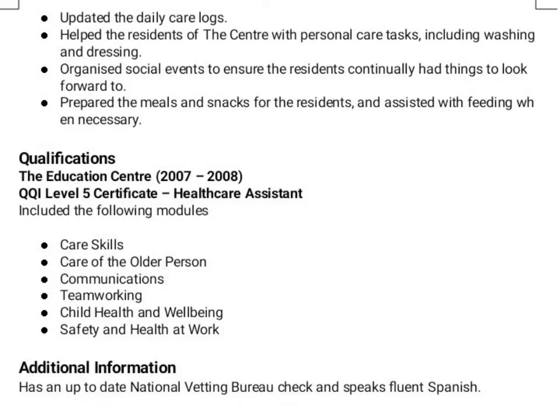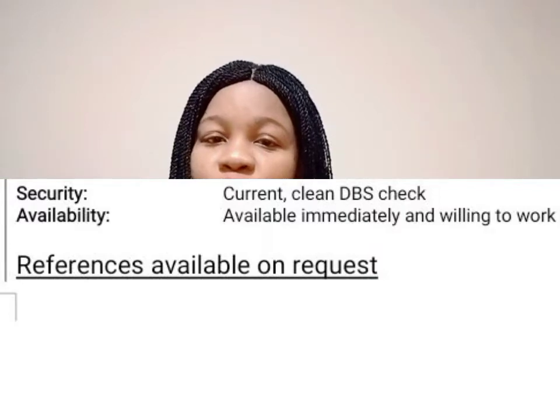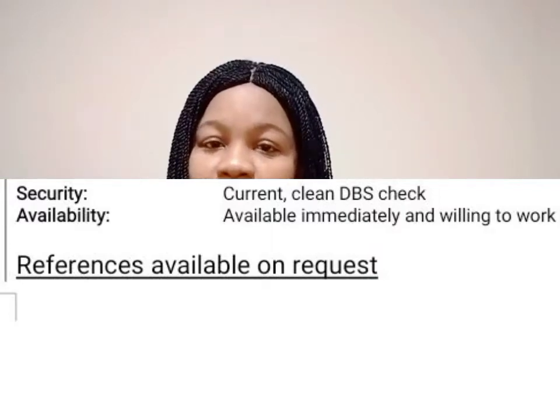Then she went over to describe her qualification, the place she obtained the qualification, the year, the level of the qualification, as well as the core skills acquired in the course of the qualification. And finally, some additional information like being a car driver, having a car, being able to speak different languages and so on. And you also include your references, or you tell them that references are available on request.